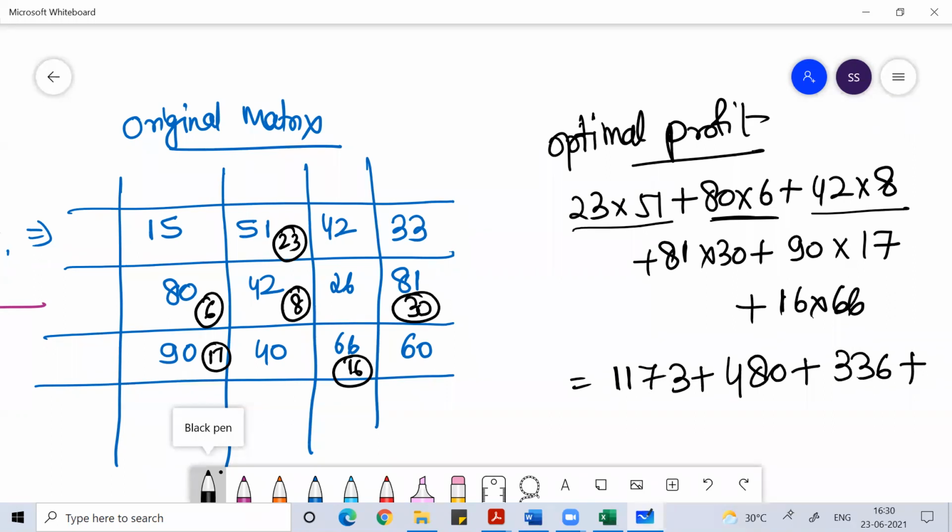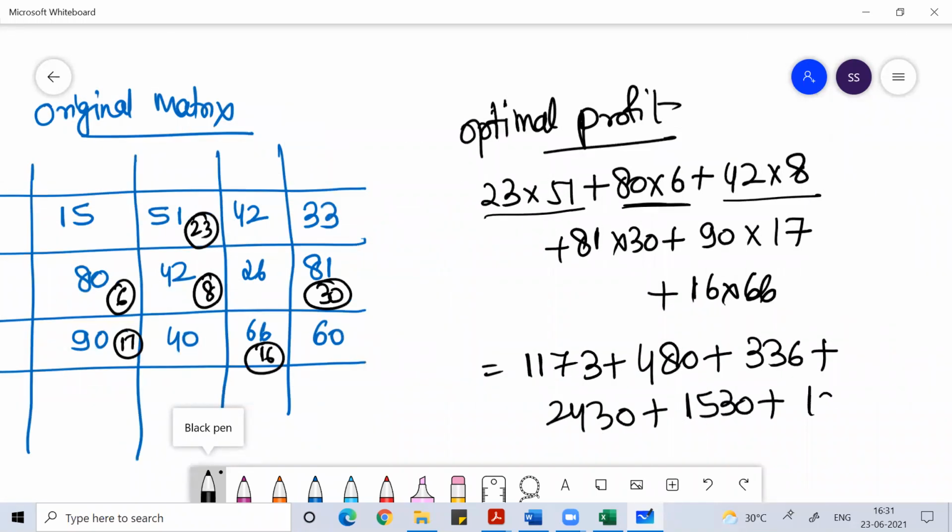Then 81 into 30, this would be 2430. Then 90 into 17 is 1530. Then 16 into 66, 1056. So you can solve this.